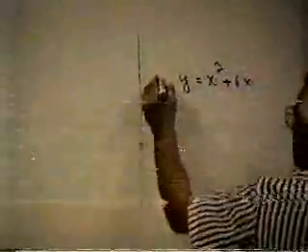All right, let's look at the problem graphically. To sketch this, we'll make up some points. Now remember, y is equal to x squared plus 6x. So if x is 0, y is 0. There's 1 point. If x is 1, y is 7. If x is -1, y is -5.